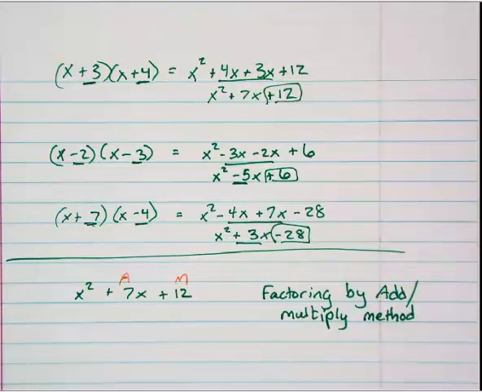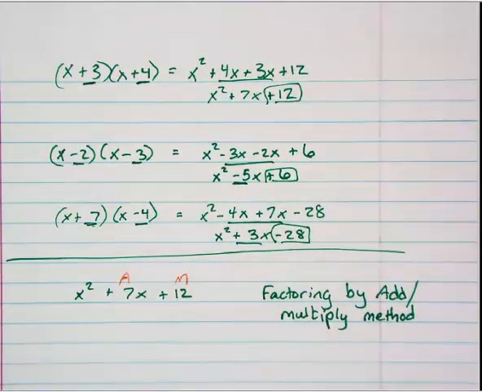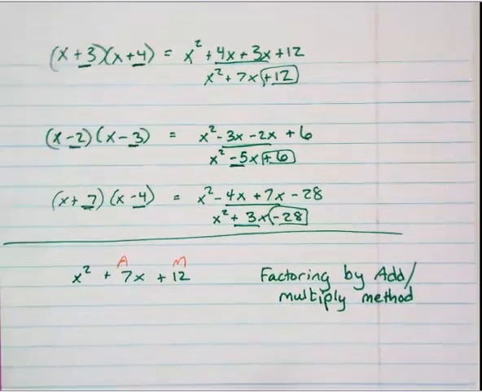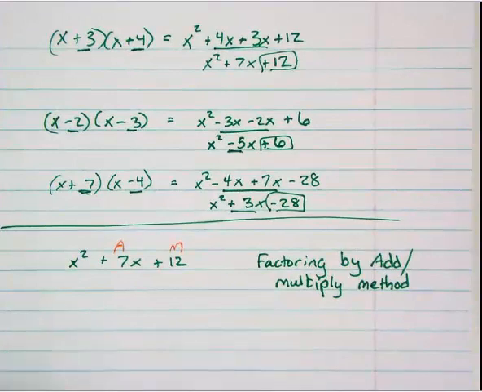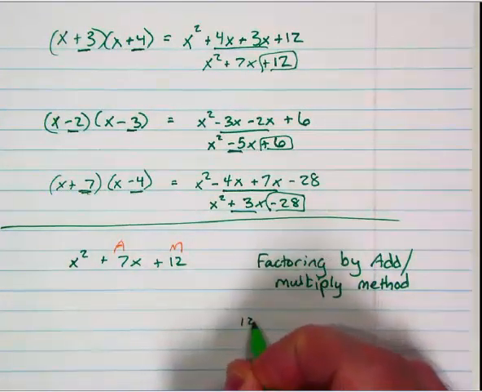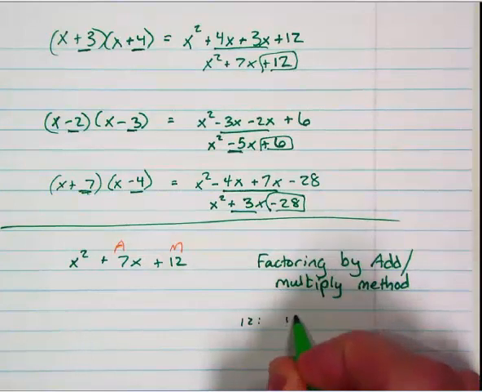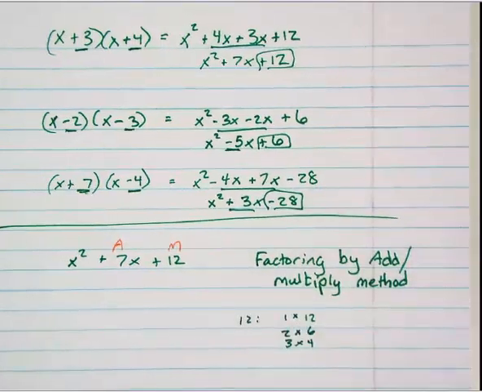If you consider why that's important, there are infinitely many things that add to 7. There are very few combinations of integers that multiply to 12. So the way we can do this is we can think about all the factors of positive 12. What are numbers that multiply to 12? 12 is 1 times 12, it's 2 times 6, it's 3 times 4.